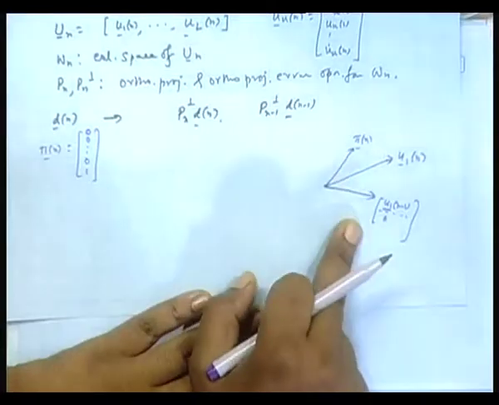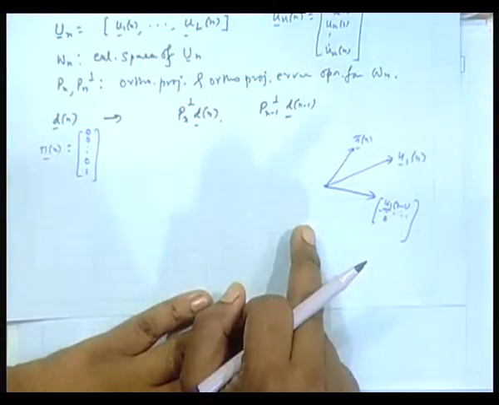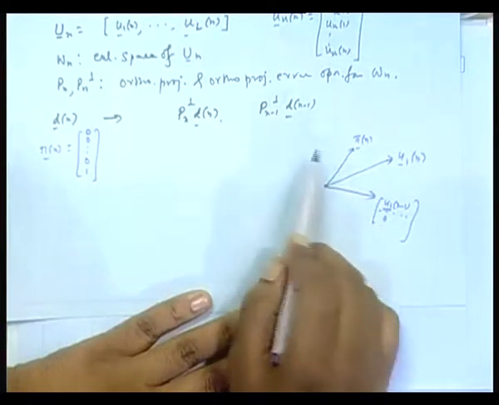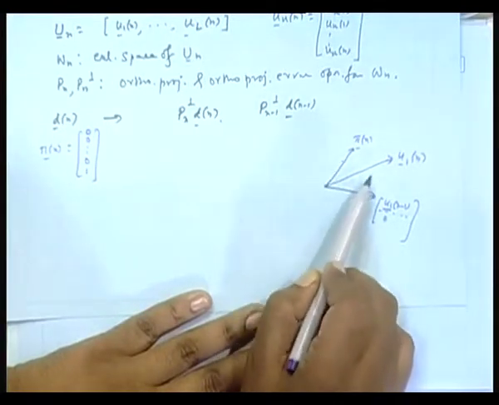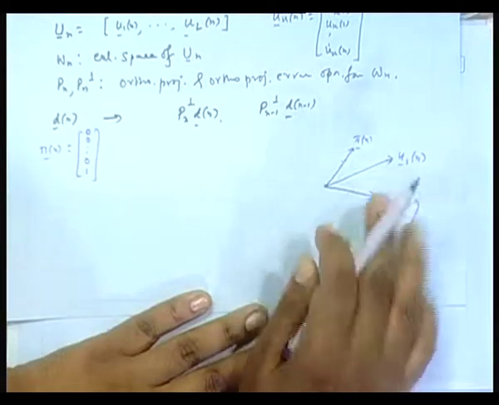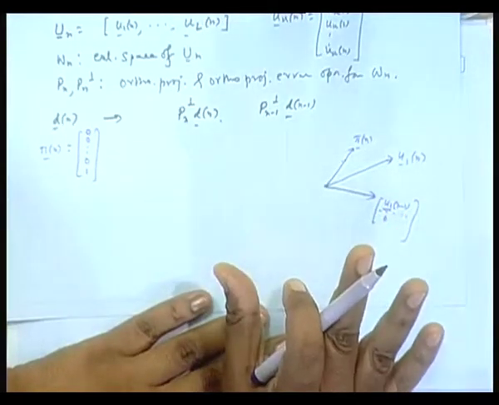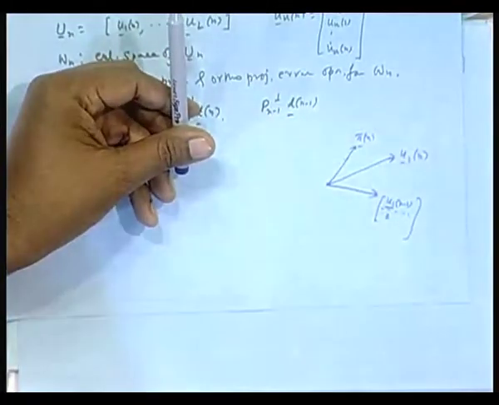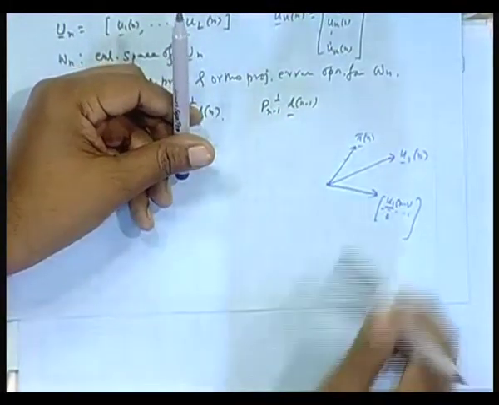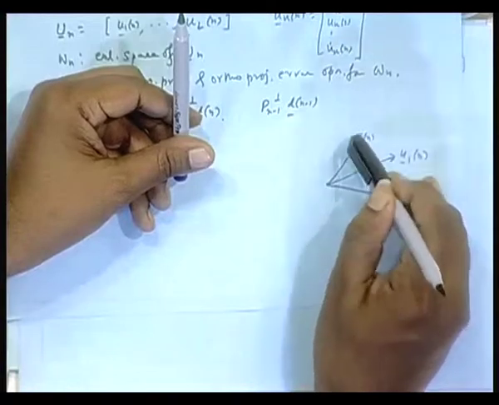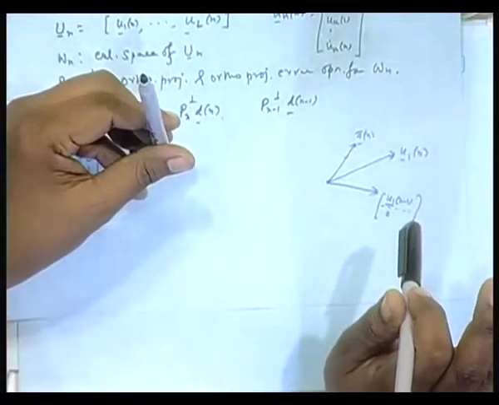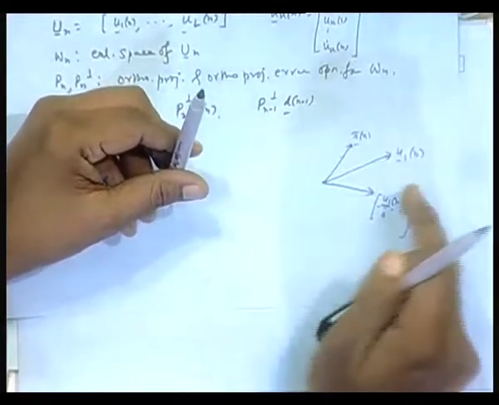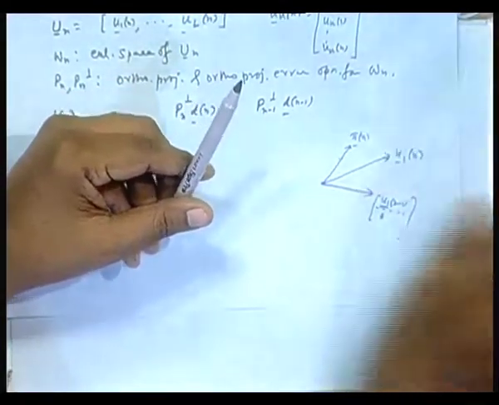It's a two-dimensional plane, but from that you don't come to the conclusion that since in this figure it appears that this is lying in the plane containing P n and these two are orthogonal, this is always expressible as a linear combination of two, because this is actually n-dimensional space. These two can be pointing in two different directions and this vector could be pointing in another direction. I mean, this vector may not be in the plane containing these two, in general, not here, but in general. So don't get deceived by the fact that I am drawing on a 2D plane.